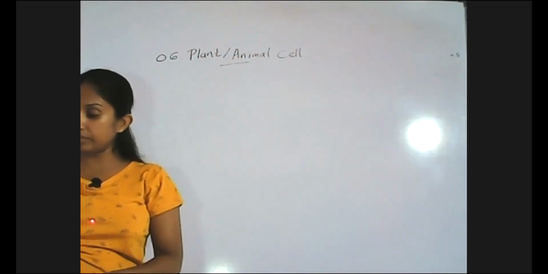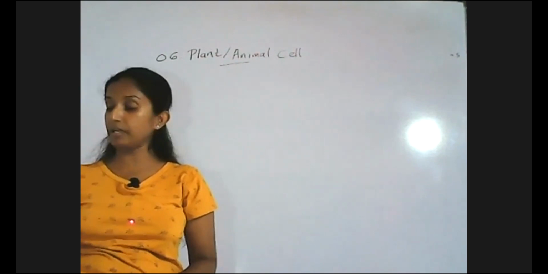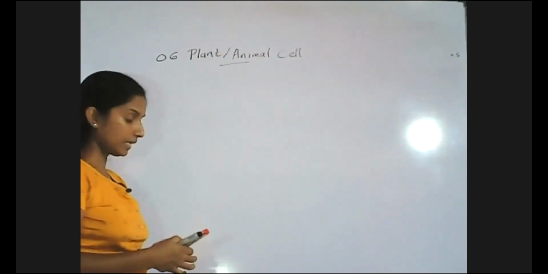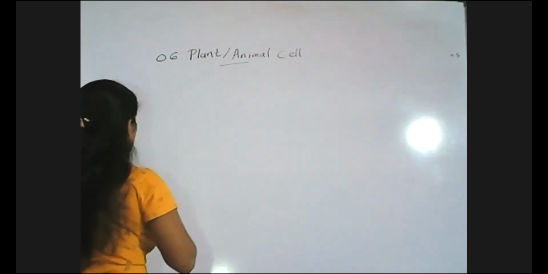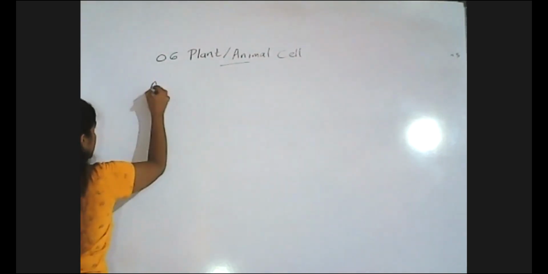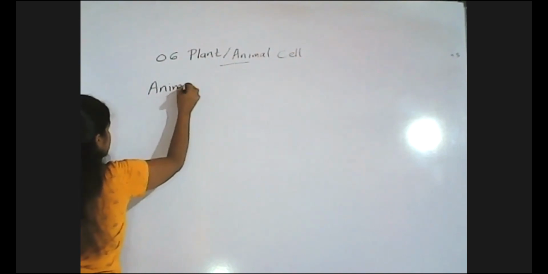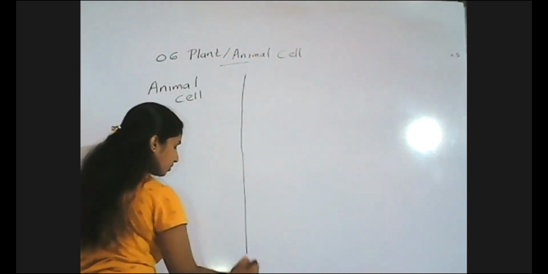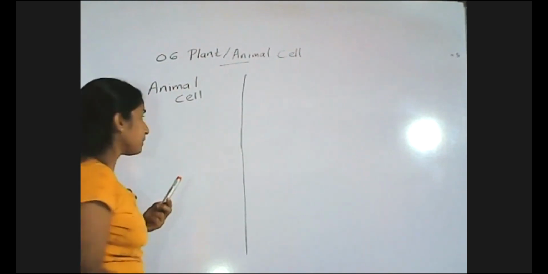And the major thing is, to get the idea about the structure of the animal cell and the plant cell, you can use different methods.